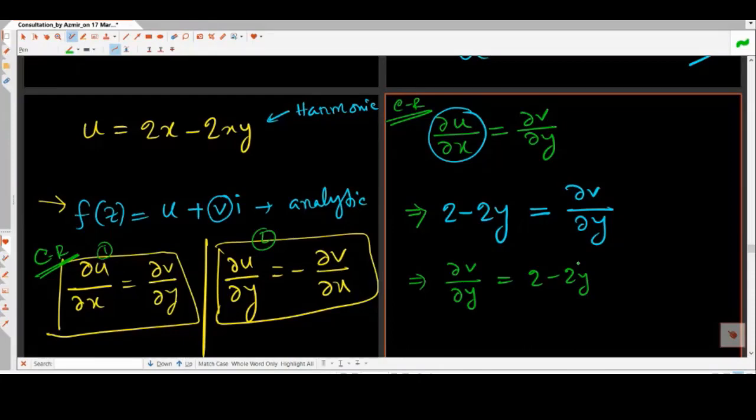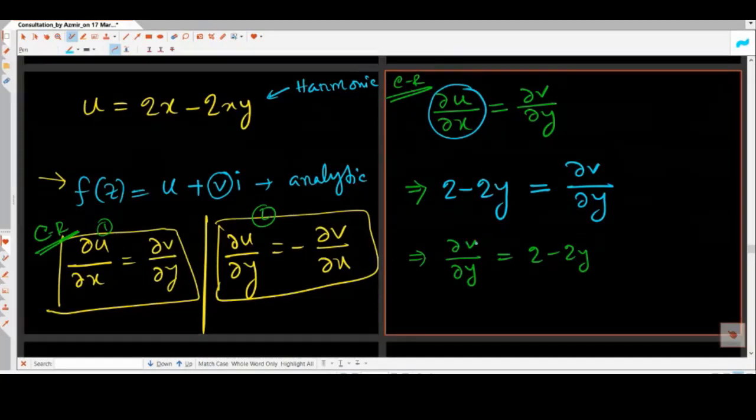So in this step, our target is to find only v. So we can separate v and y. So our target is to find v. That means we can use the concept of partial integration.